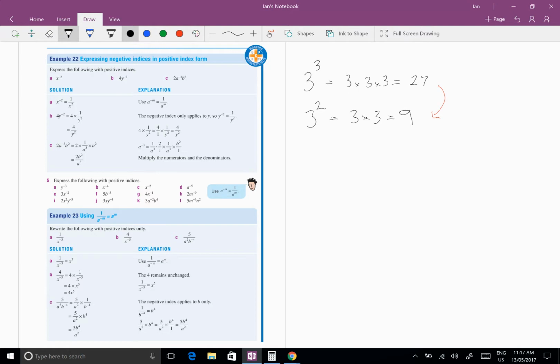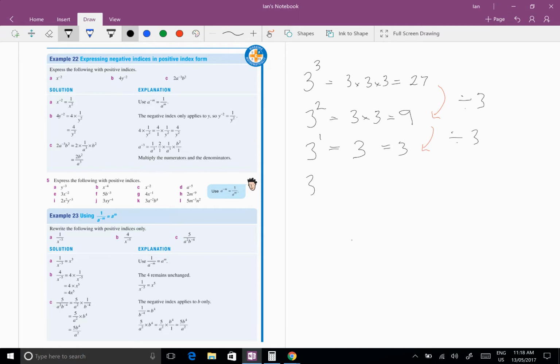Essentially we're going down the pattern. To get from 27 to 9, we've divided by 3. So when we go up, we multiply by 3, but when we come down, we're dividing by 3. So let's go down another one, 3 to the power of 1. Well, that's just 3 by itself, and again, to go from there to there, we've just divided by 3.